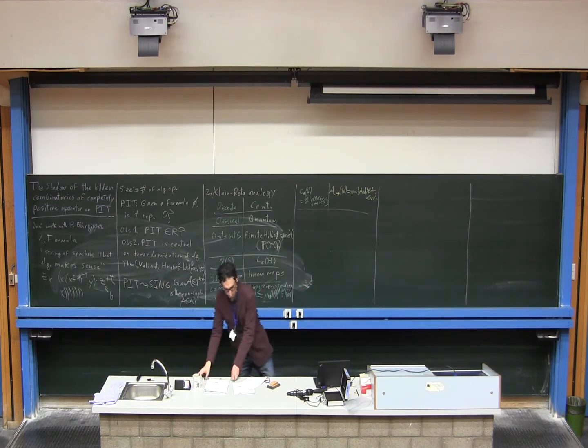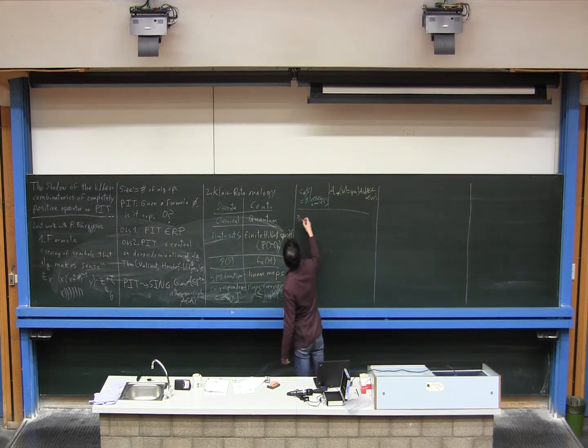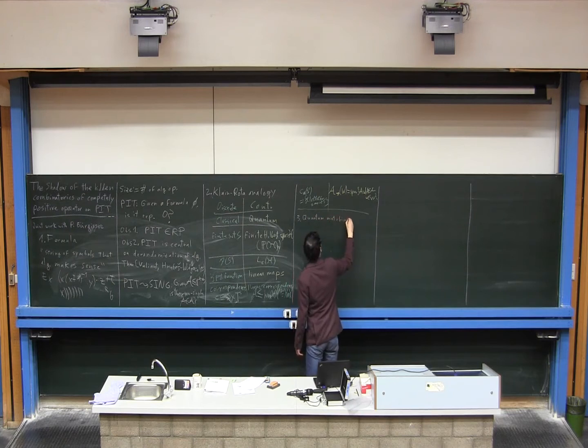So once this is clear, now the theme is how we generalize this a step further, what is called quantum matchings. Let's consider two bipartite graphs.